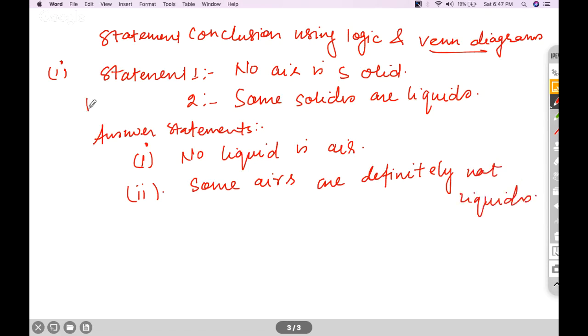So these are my problem statements and these are my answer statements.